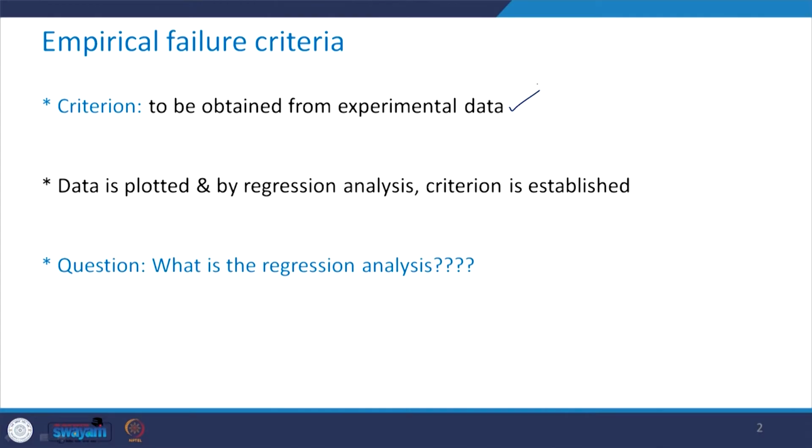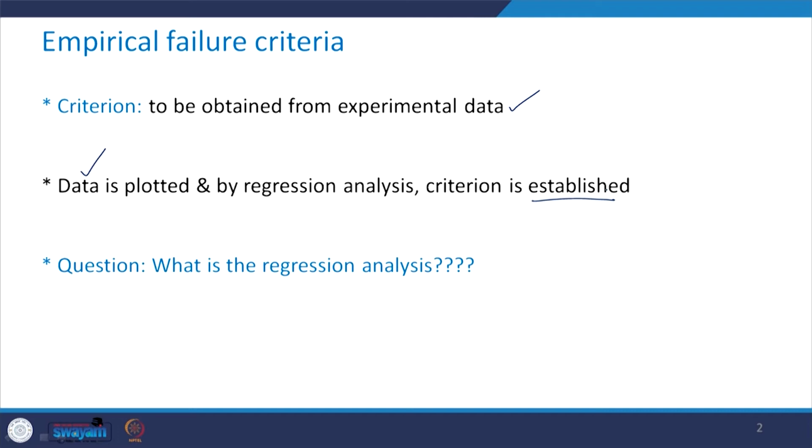To start with, as I mentioned, the criterion is to be obtained from the experimental data. This data is plotted and then the regression analysis is carried out in order to establish the criterion.